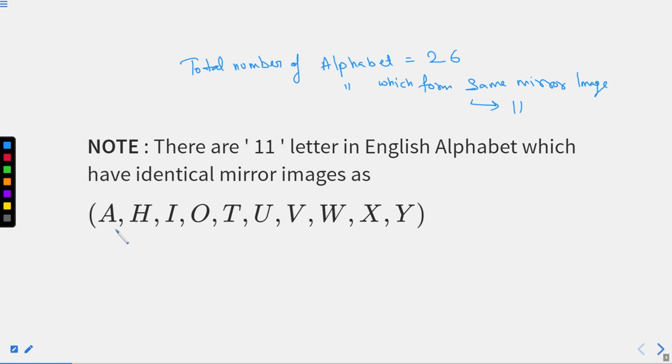A, we know that the mirror image of A is similar to A itself. I will draw a few for you right here. If I draw A like this and place a mirror here, the mirror image that we will obtain is like this itself; there will be no change in the mirror image.